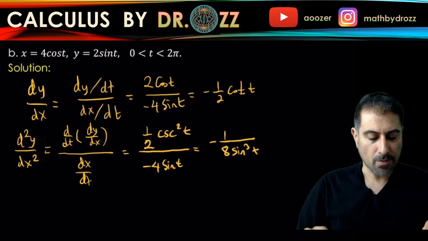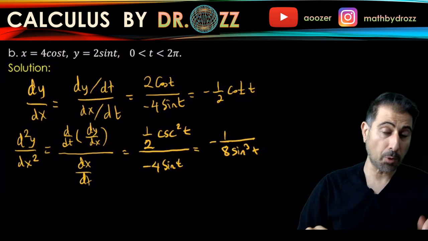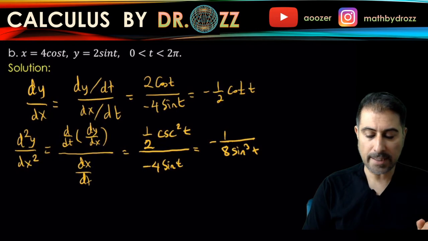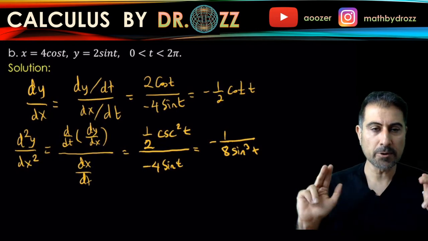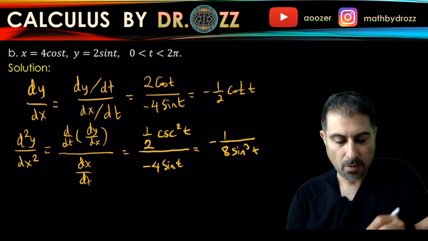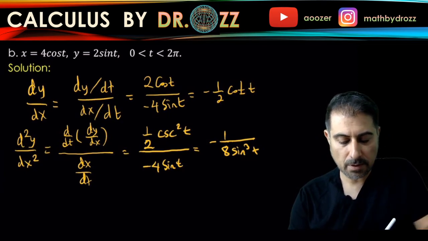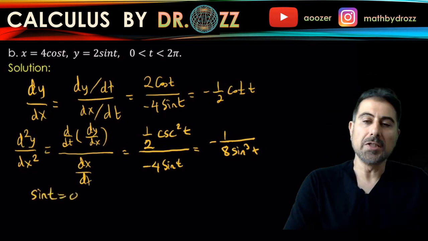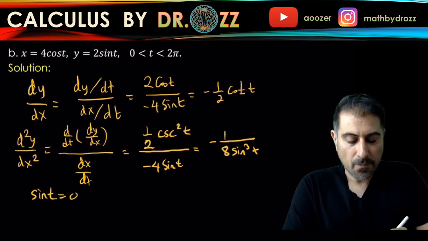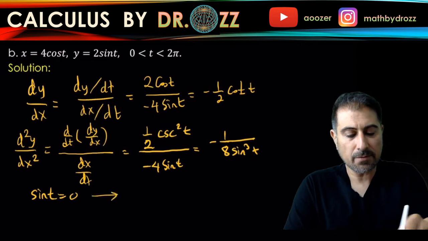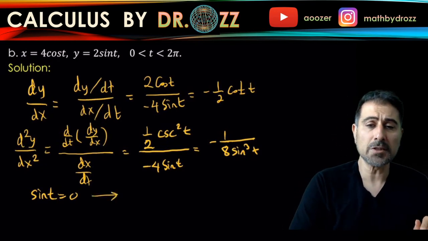Right now we should look at the sign of d squared y over dx squared, and to do that we have to look at what makes the bottom 0, almost like the critical points discussion that we had in Calc 1. First of all, it's sine cubed t. If sine t equals 0, obviously the bottom becomes 0 and the whole d squared y over dx squared blows up. Look for the t values in this interval making the sine function 0.